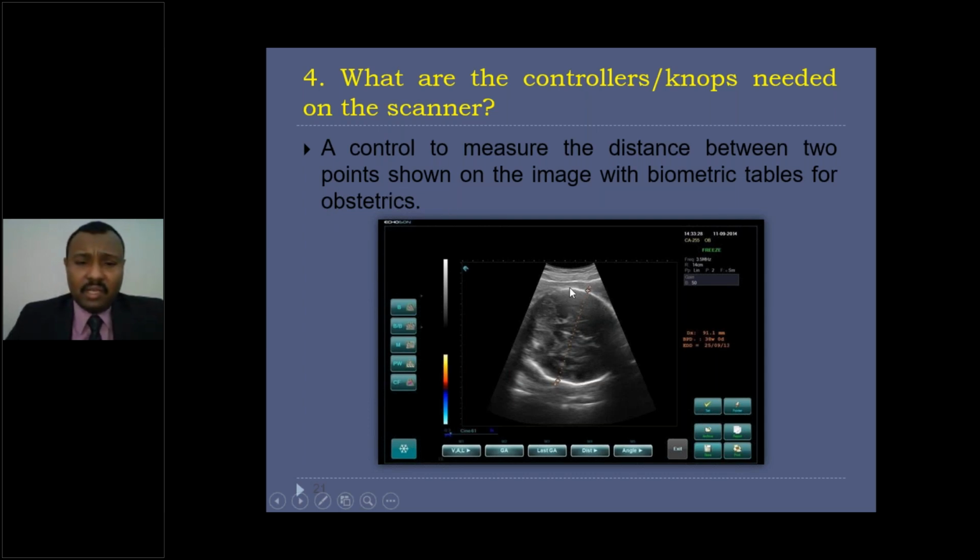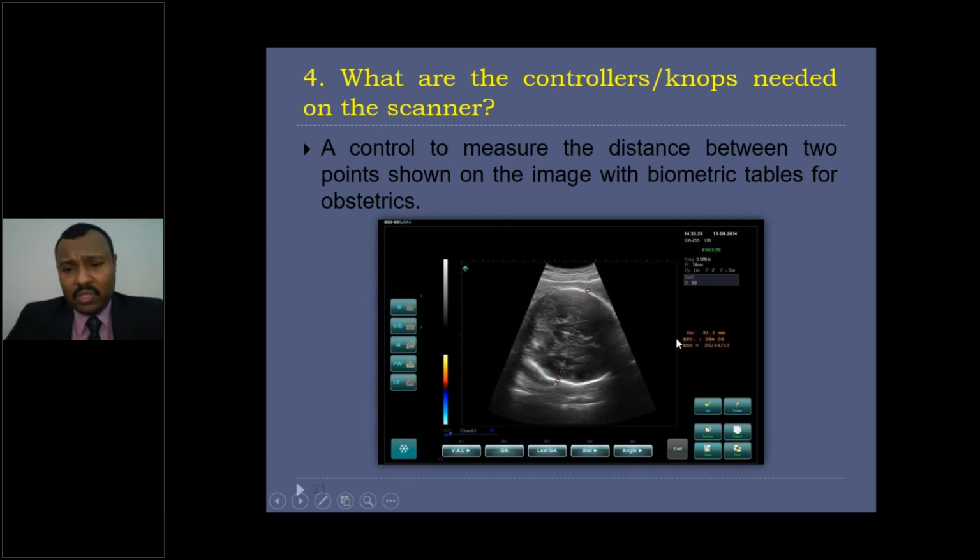And in this image, an image was taken of the fetal head. You can see the two parietal bones, and the distance between the two parietal bones was measured by using this control, which is aimed to measure the distance between 2 points. You can notice here the distance is about 91.1 millimeter, which is about 9.1 centimeter.